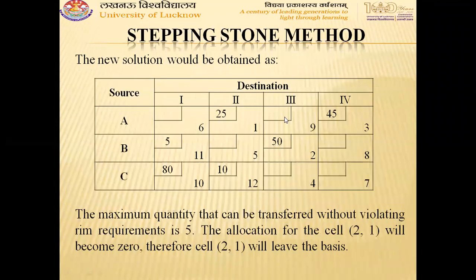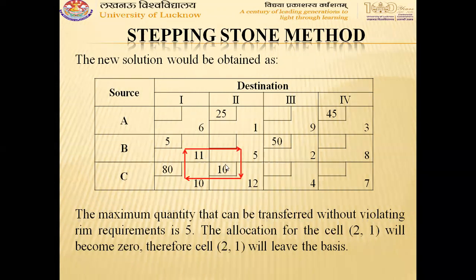Now again for 2 comma 2 we construct the loop, that is this loop is formed. Here we add, then here we subtract, then here we again add, and here we subtract. So the maximum possible quantity which can be subtracted in such a manner that at least one allocation would become 0 and other remain positive is 5.